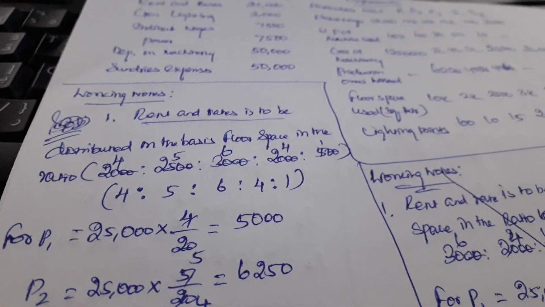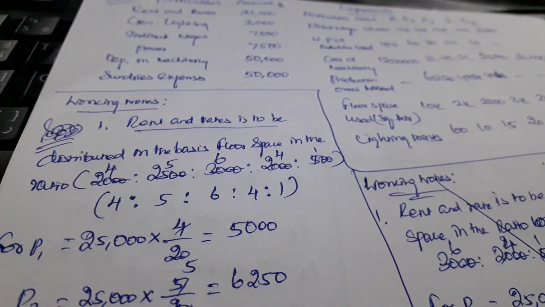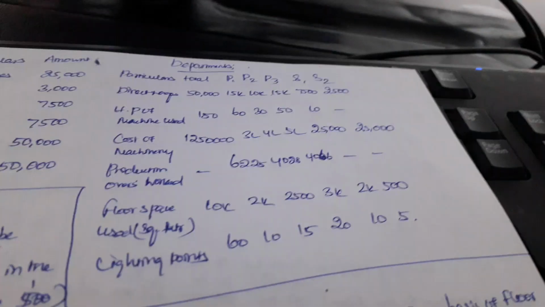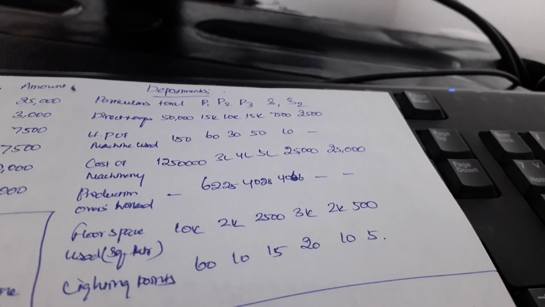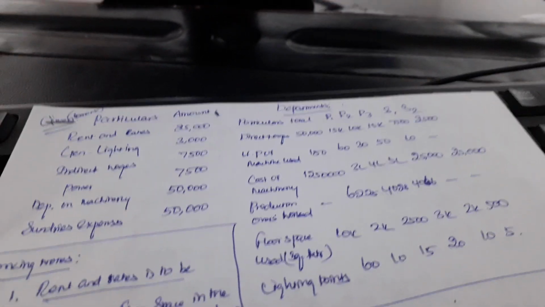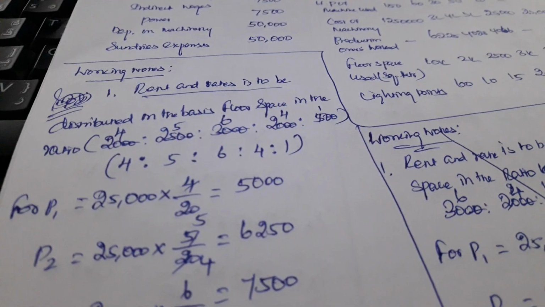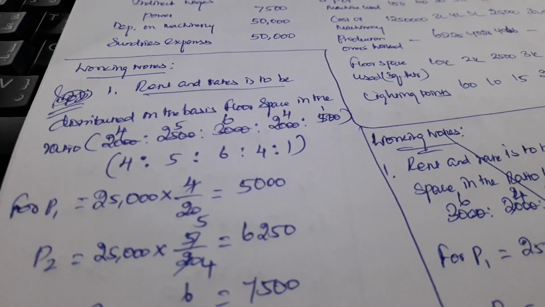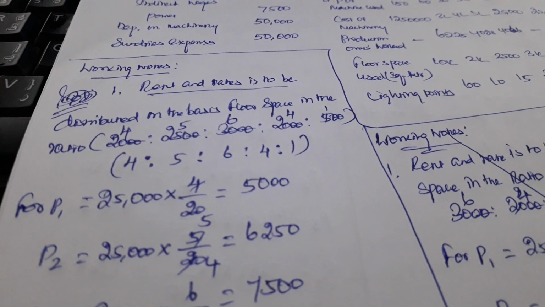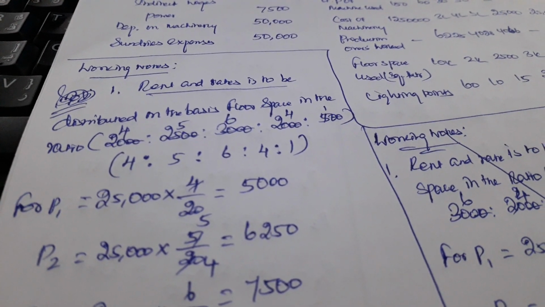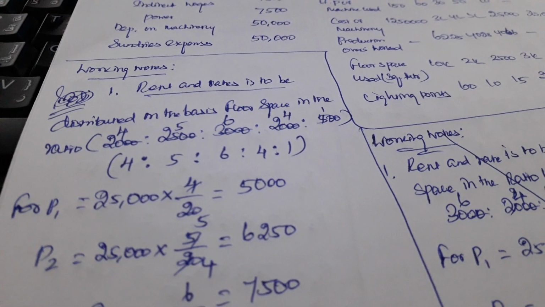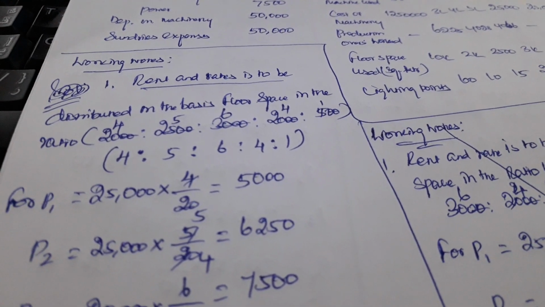For the production department, rent and rates here is 25,000, so 25,000 into 4 by 20. If you add 4 plus 5 plus 6 plus 4 plus 1, we get 20.